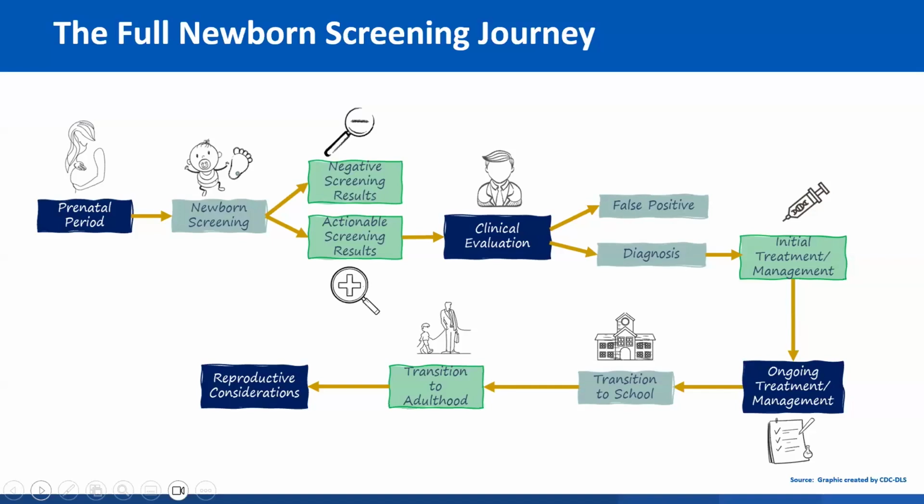So newborn screening really is truly one part of a much larger system, and a larger system that needs to be in place to ensure that babies with these diseases can truly be identified, be put into appropriate treatments so that they can reach their full potential. Next slide.